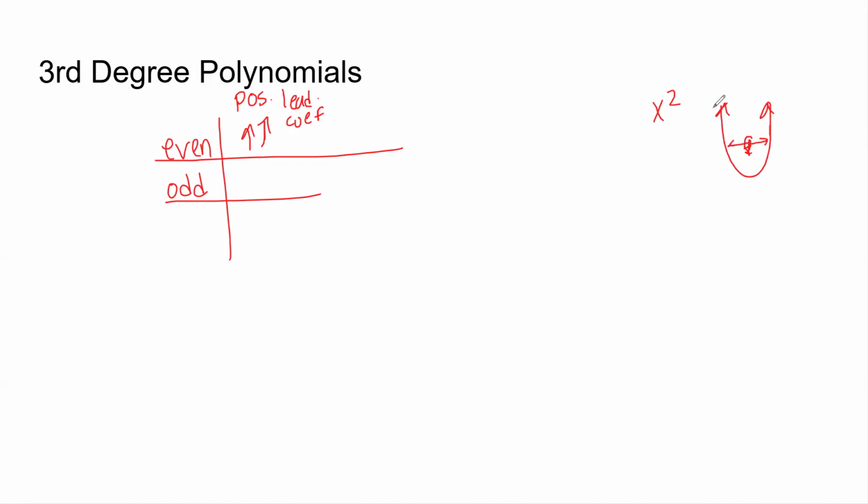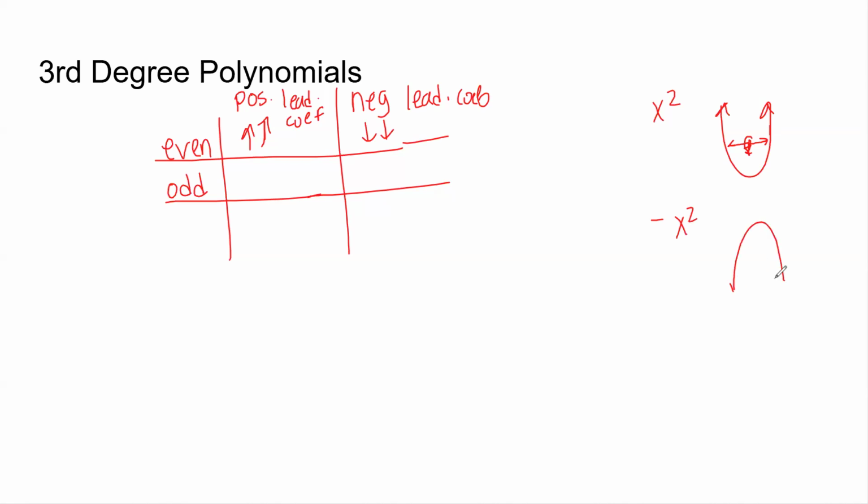As he walks to the left, the function goes up. If you're even with a negative leading coefficient, down, down. So think of negative x squared. See this guy to the right, he's going to hit the function and come down. To the left, he's going to hit the function and come down.